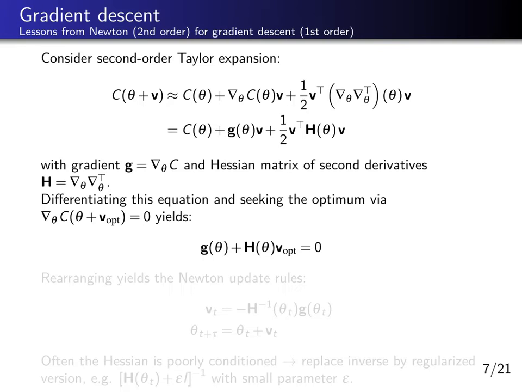In order to answer this question, we have used not the original function C, because with the original function C we cannot do that, but we have instead used the second order Taylor expansion for it. And then we just need to solve this equation. So we need to find v such that this equation is true.